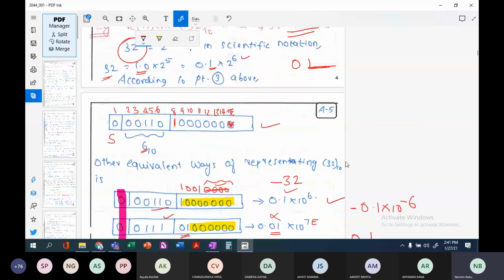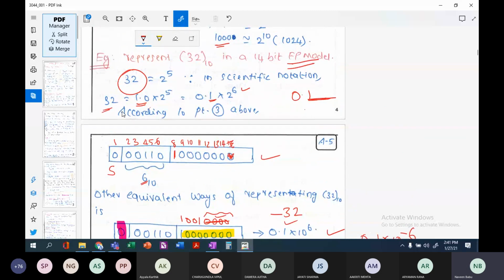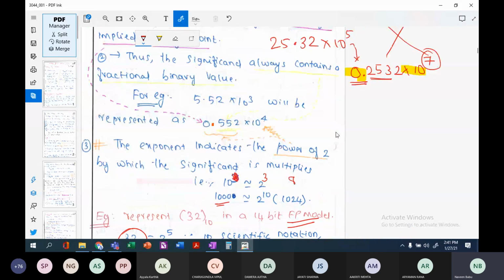So all these are decimal ways of representing floating point numbers. And unfortunately, what has happened here is, 32. Oh, did we represent? Oh, we have converted it into binary here. Yes, you are right, so there is a mistake. Because in this example it is 10 power, meaning these are decimal values.